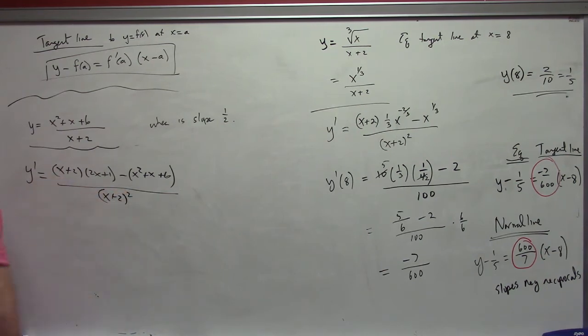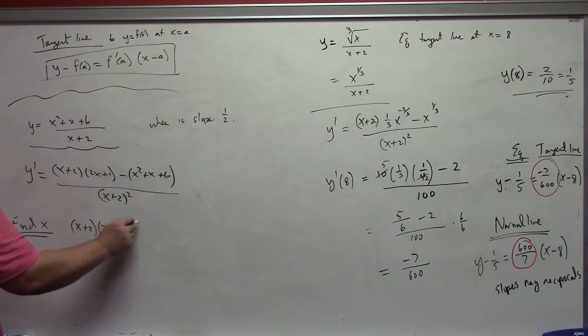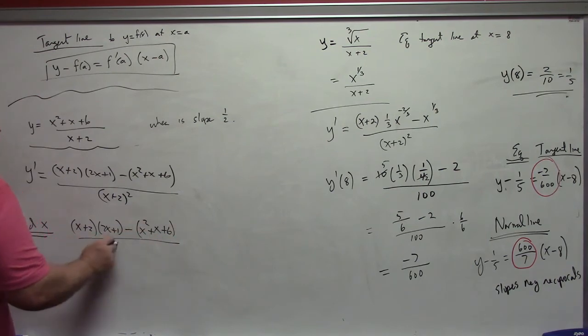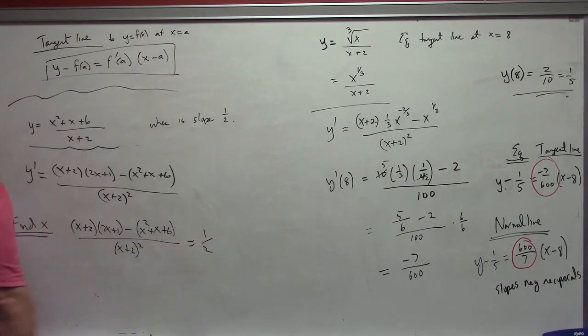This is my basic derivative, and so I want to find x such that x plus 2 times 2x plus 1 minus the quantity x squared plus x plus 6, over x plus 2 quantity squared, is equal to a half. And now this just comes down to a basic algebra problem, solving this equation.